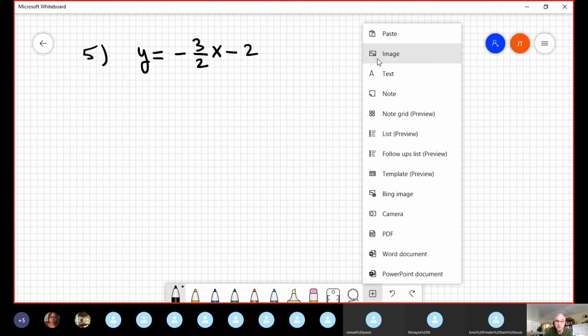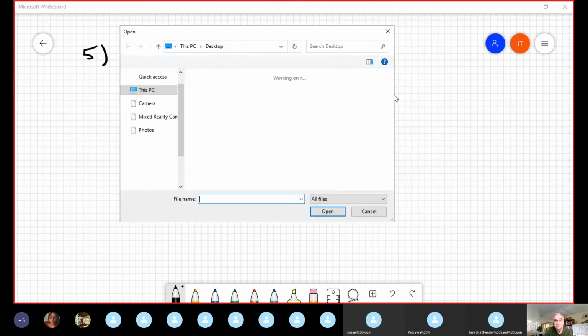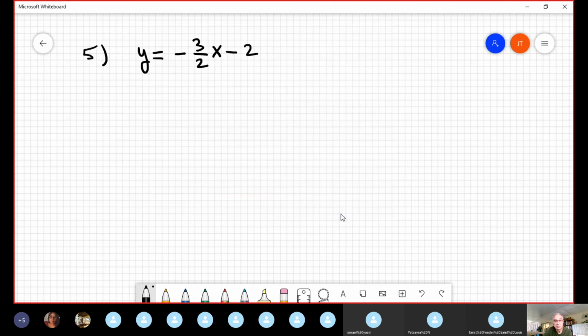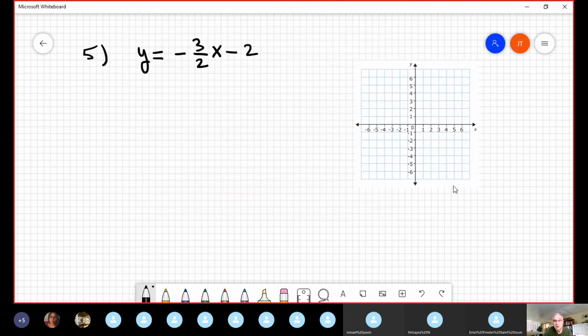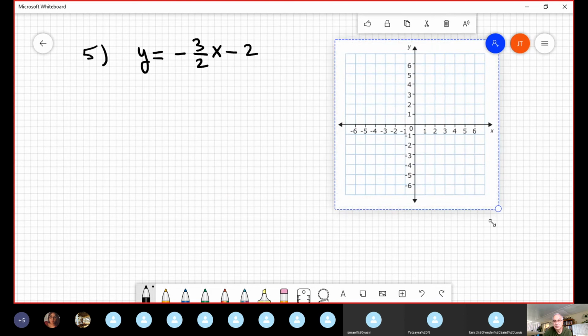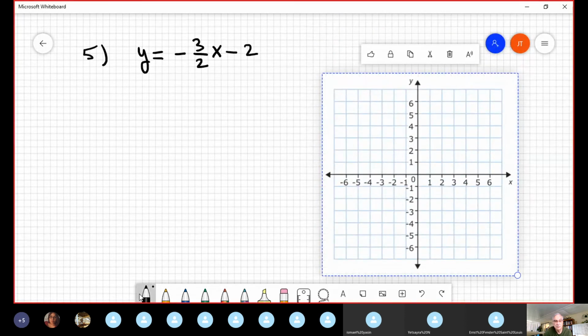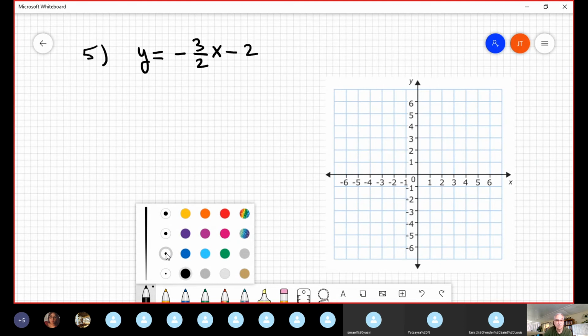Let me try to do my best. I have my rectangular coordinate system. Okay, what should I do?